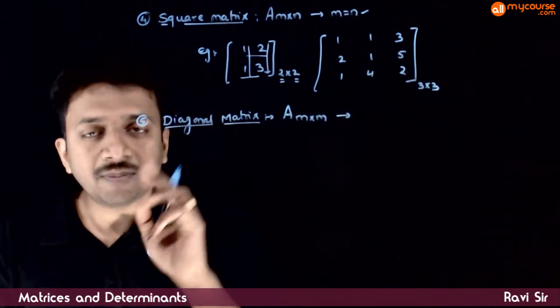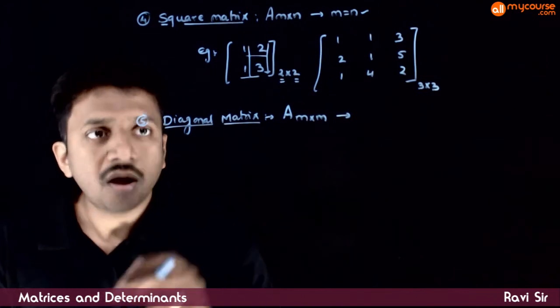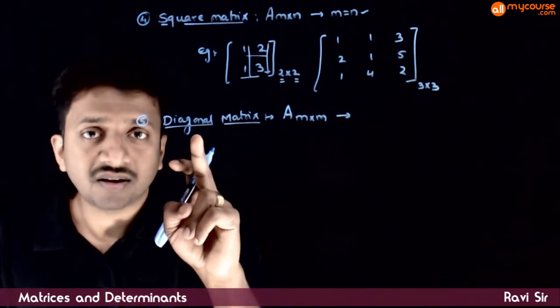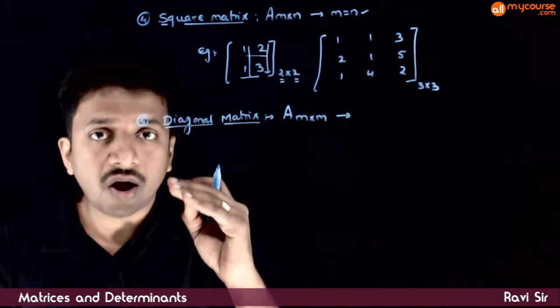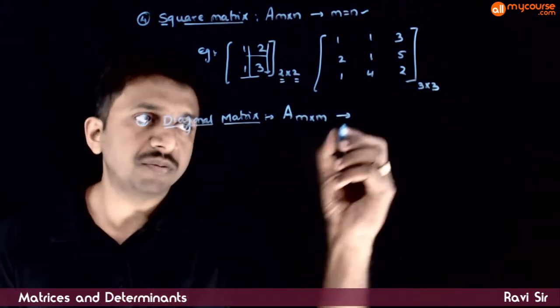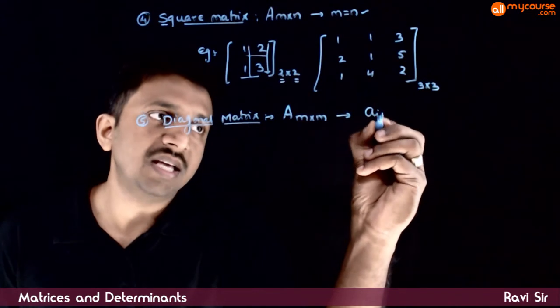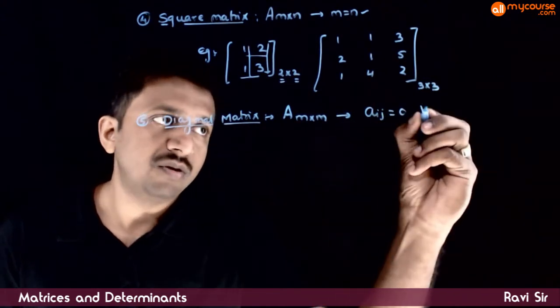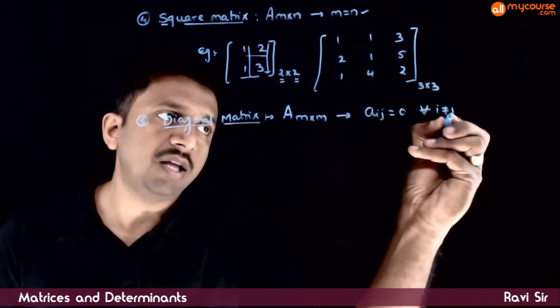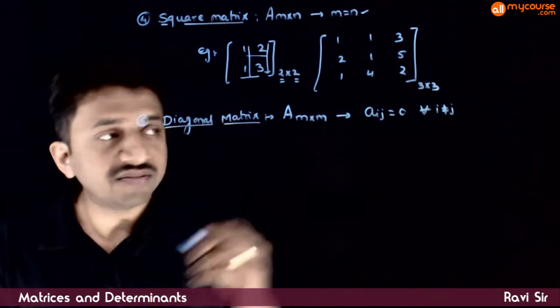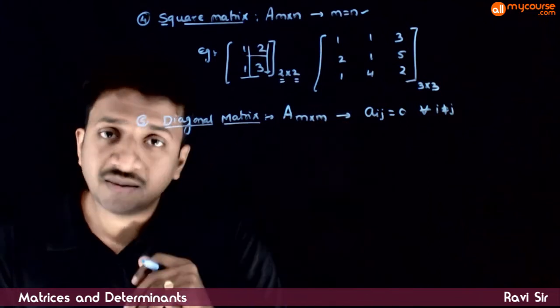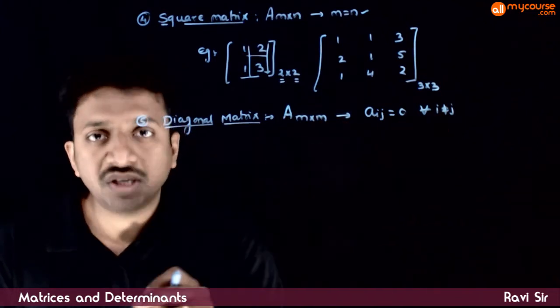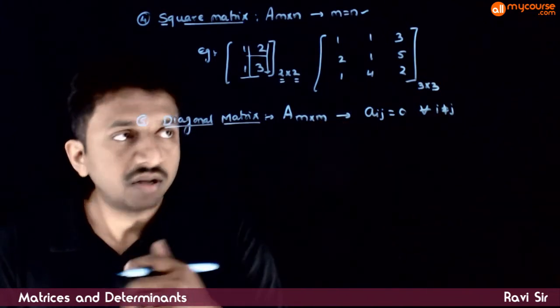So what is the mathematical definition of diagonal matrix? All elements apart from the diagonal elements, that is, all non-diagonal elements, have to be equal to 0. That is, Aij has to be 0 for all i not equal to j. We have seen that i equal to j implies diagonal elements, and i not equal to j are all non-diagonal elements.